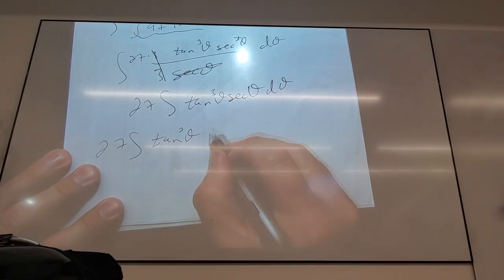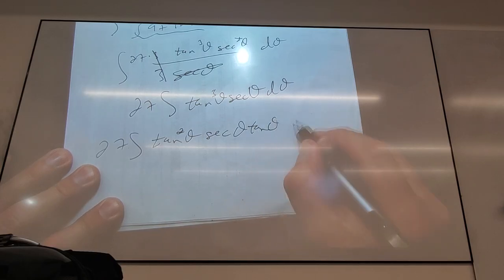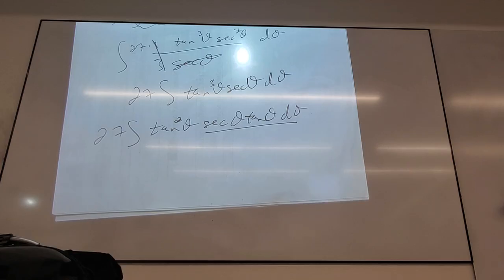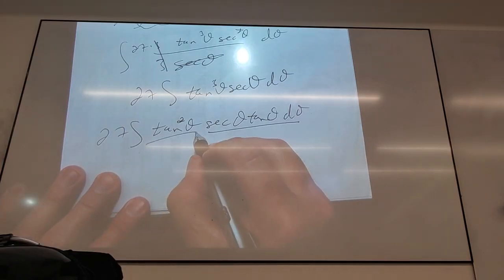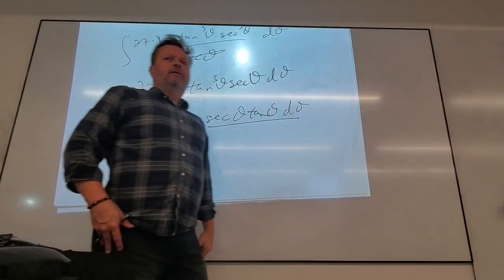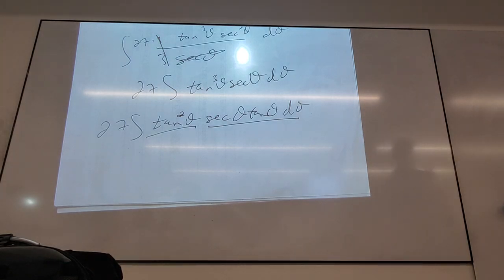If I take one of those tangents, that wants u to be secant. If u is secant, I can't immediately get rid of the rest, but I can rewrite tangent squared as secant squared minus 1. You're all like, what are you trying to tell me, Jeff?